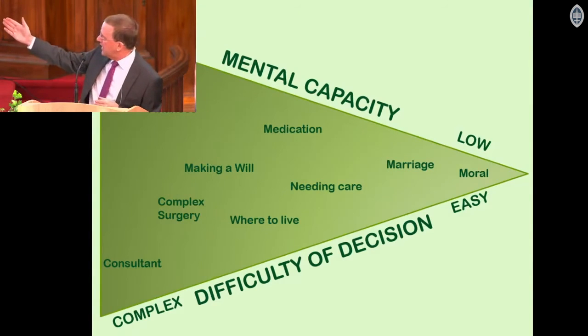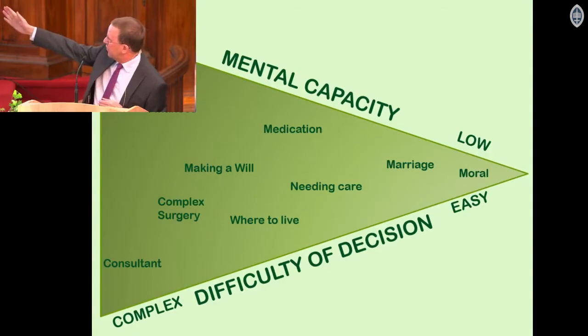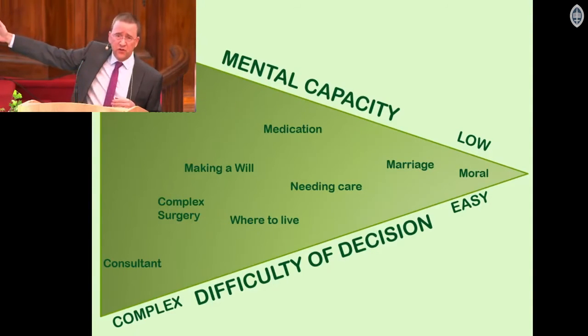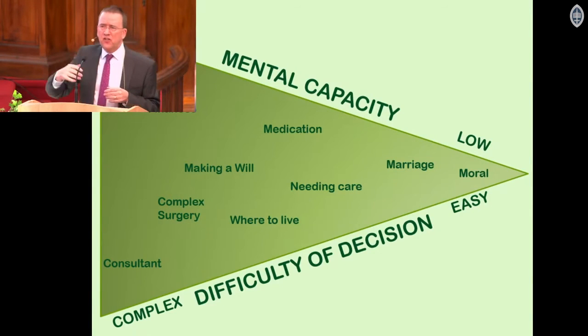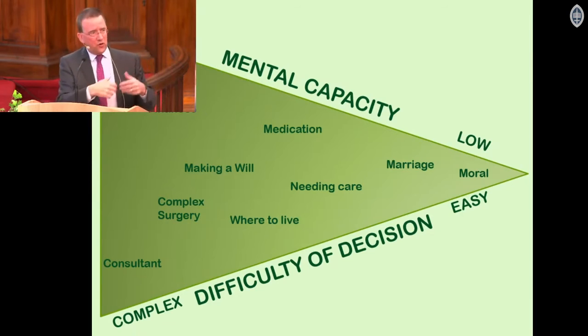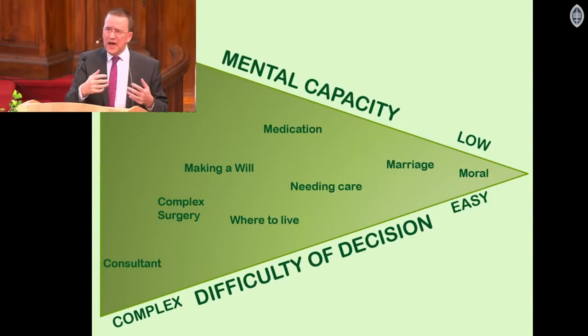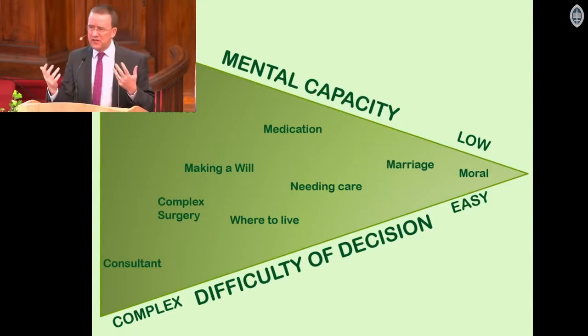So if you think about taking an antidepressant, a medication, I've got that towards the easier end compared with having surgery. Because most of us understand, I could take an antidepressant, I could take a drug, the doctor says take it for this condition, and that's not a difficult decision to take.